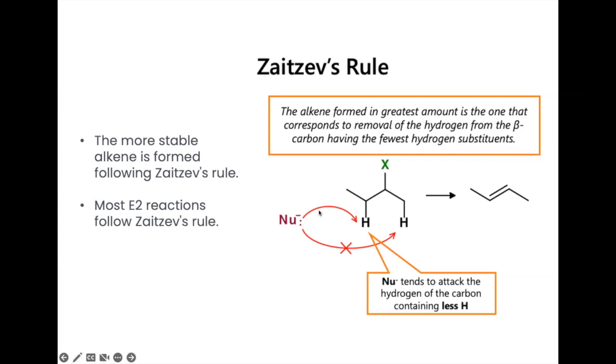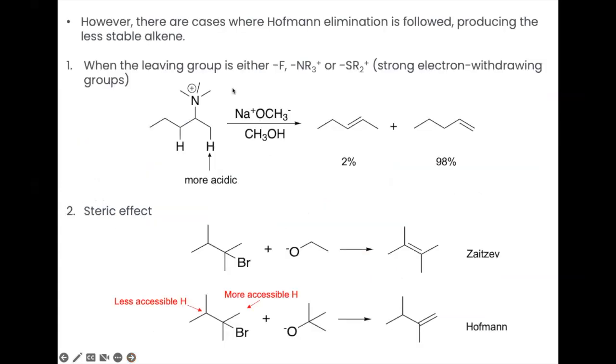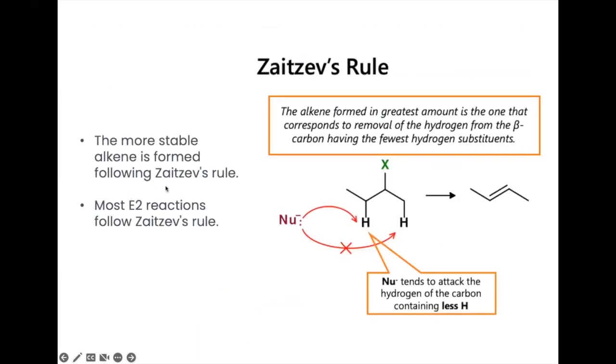Okay, so that's it. So most E2 reactions will follow Zaitsev's rule. Now, there are cases. Just remember this: it is always Zaitsev. Now, there are of course exceptions to the rule.